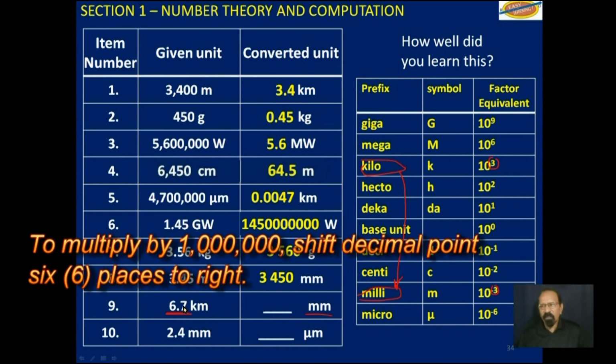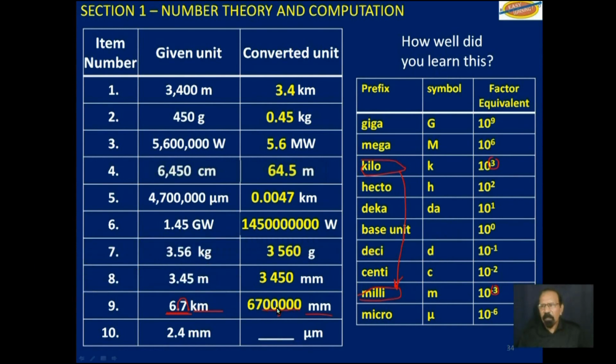So you shift this point 6 places, that's 1, and you add 5 more zeros. There are your 5 zeros, and you get 6,700,000 millimeters. Of course, if you didn't learn this table, you could carry kilo to meter, and then carry meter to millimeter by multiplying twice by 1,000, which is the same thing as multiplying by a million.